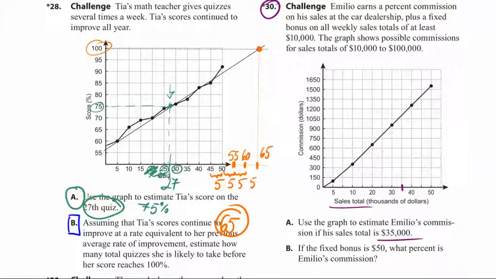Next step will be for you to draw a vertical line to the $35,000, right? Wherever that line intersects your graph, you will need to construct a horizontal line that will intersect your y-axis, which represents the commission, right?